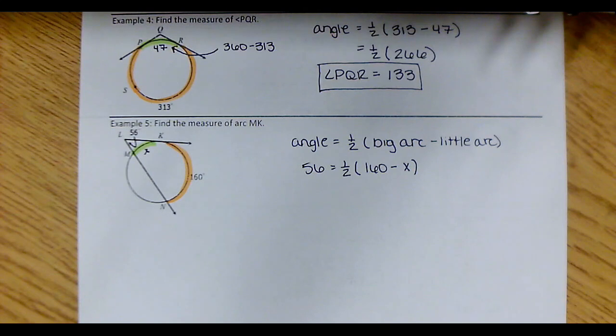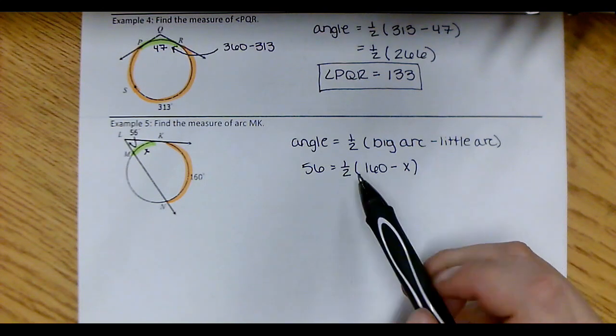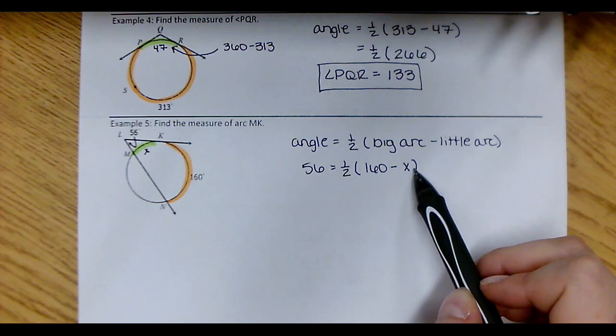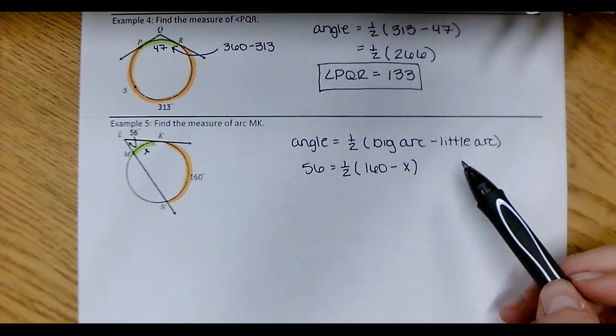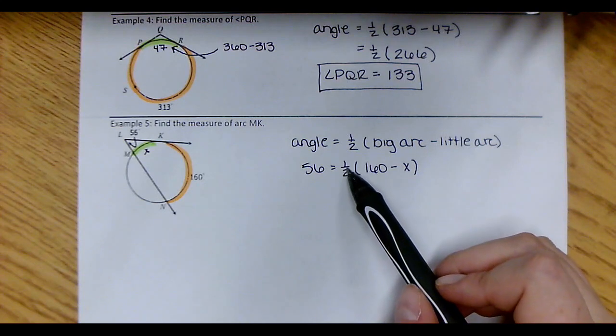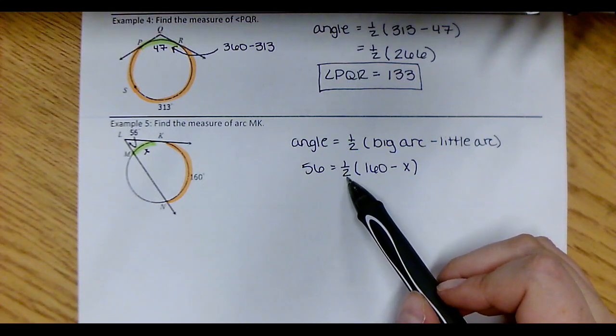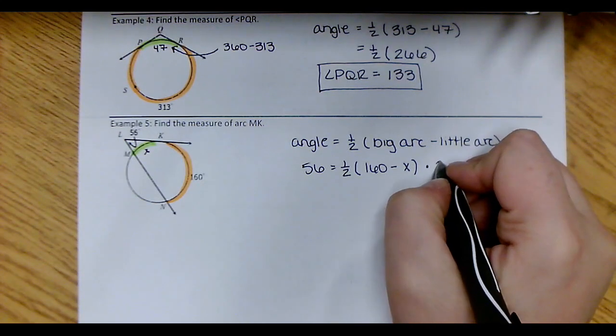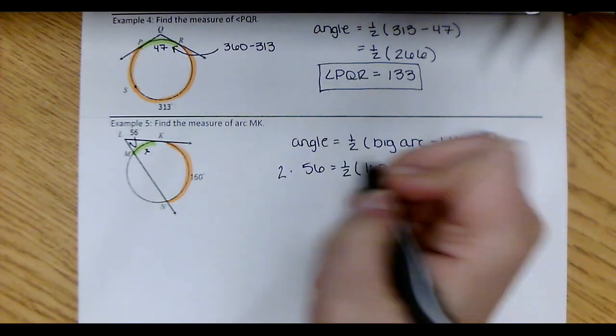Well, from here, we're now going to have to go through and solve an equation rather than just simplify what we have. So there are a couple different ways you can do this. You can either distribute your 1/2 to both of your terms, or maybe you just want to get rid of it to get started. So instead of having a 1/2, I can multiply both sides by 2.